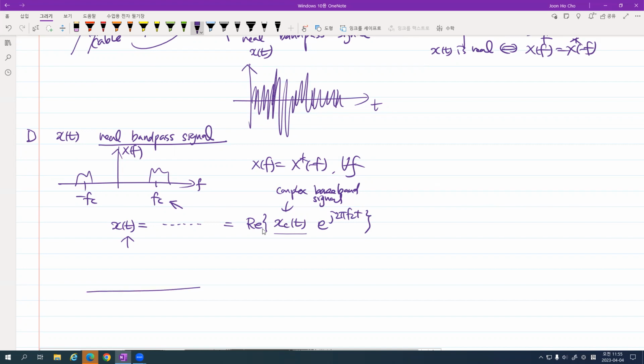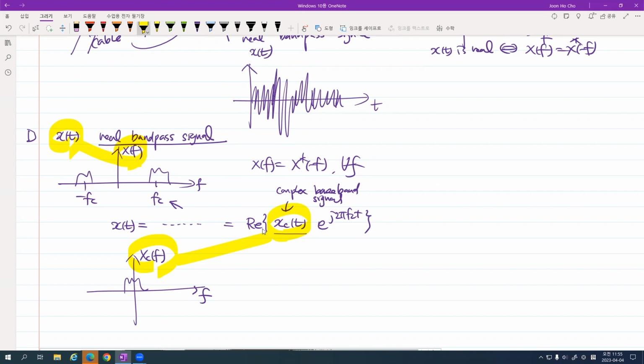So here you have some baseband spectrum. Got it? They are Fourier transform pairs.